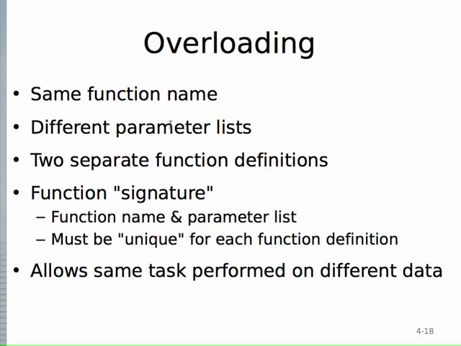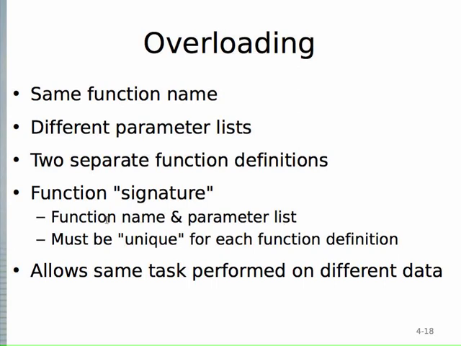Next, after this, now we'll move on to overloading. We'll keep revisiting pass by value and pass by reference, but overloading, apart from that, is the same as in Java. So there is the idea of a signature. The signature is the function name plus the list of parameters.